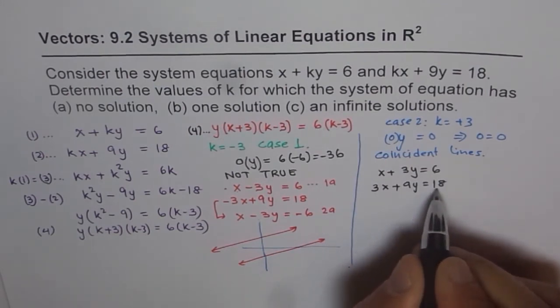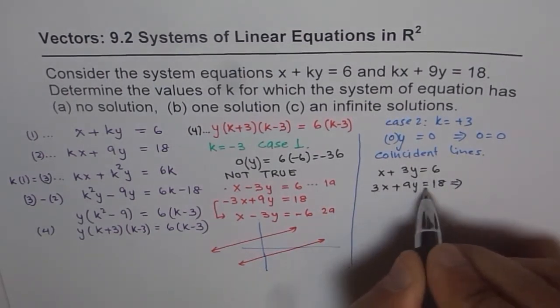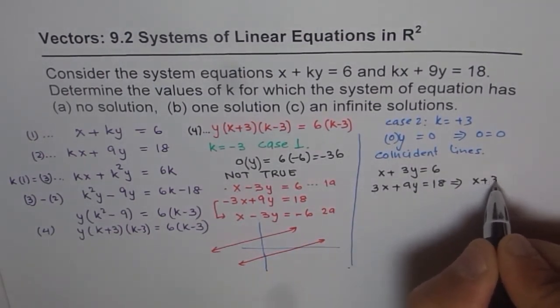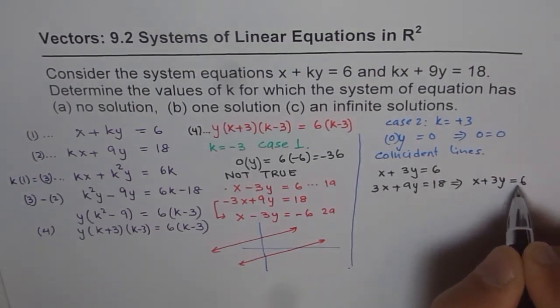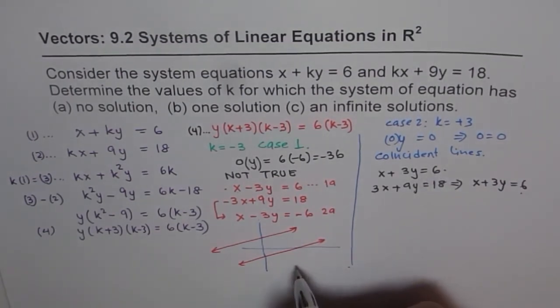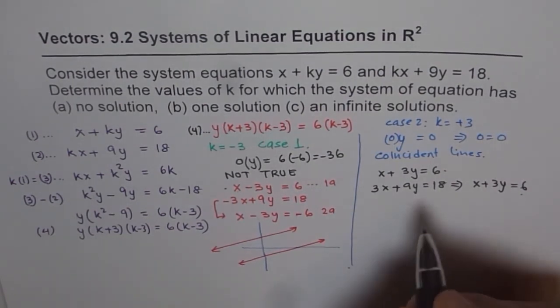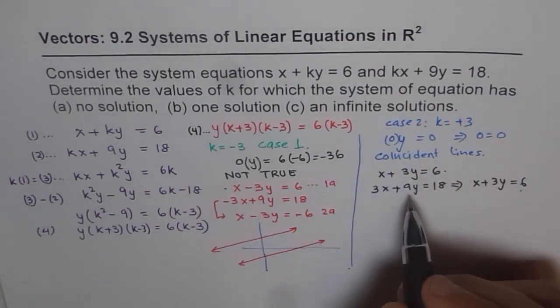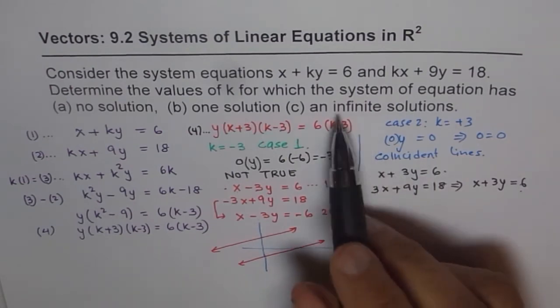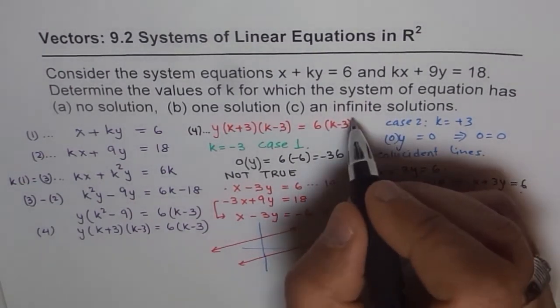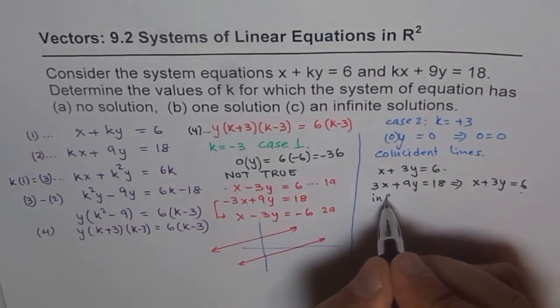In fact, if I divide this by 3, I do get x plus 3y equals 6. So they are exactly the same lines. So they are coincident lines, and they will intersect at infinite points because they're exactly the same. So that is for condition C. This belongs to infinite solutions.